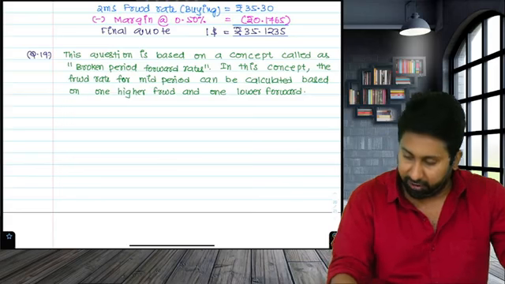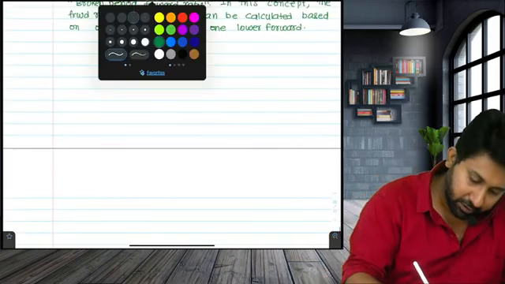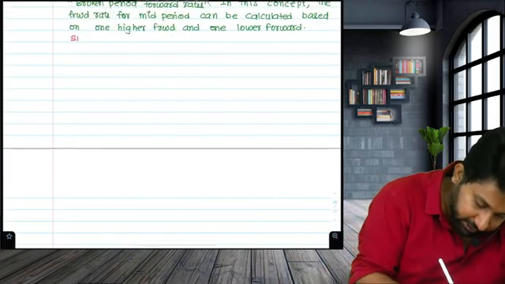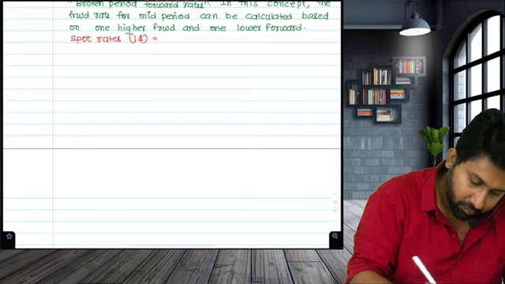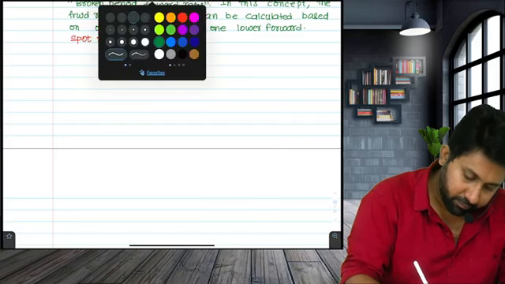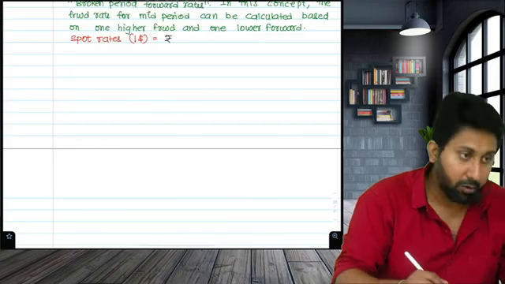Broken period forward rates. Okay, now first write down the spot rates. $1 equal to rupees 66.2525 dash rupees 67.5945.